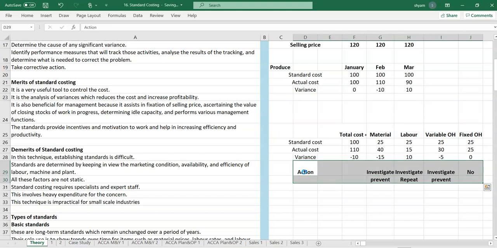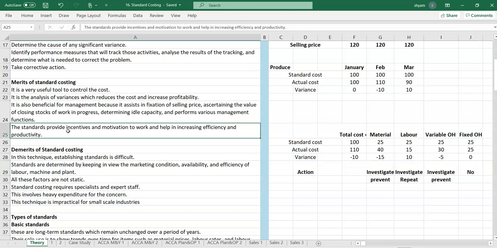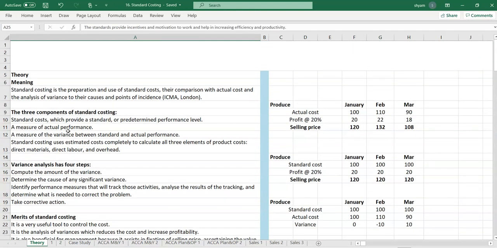So that's about the concept here. I hope you got a good idea about what variance is.